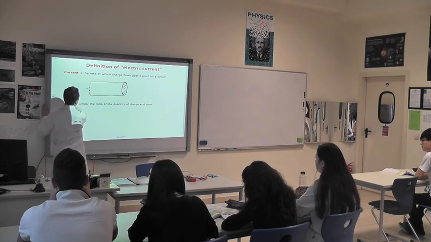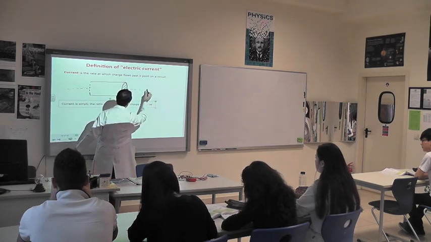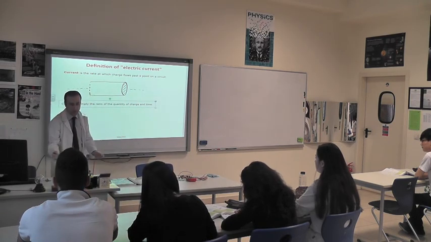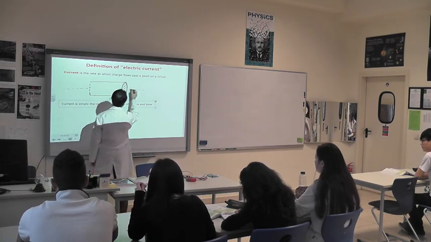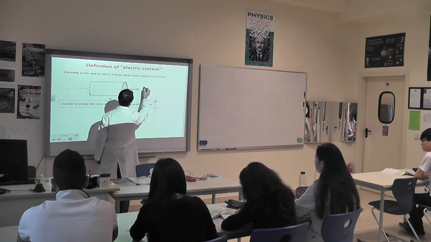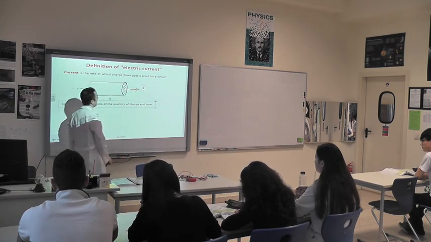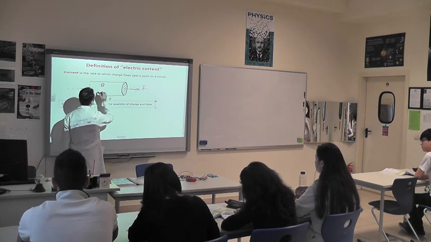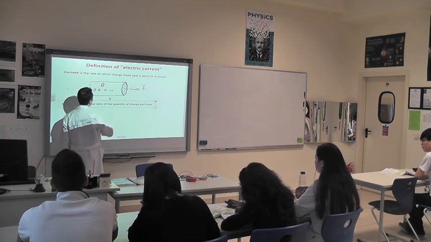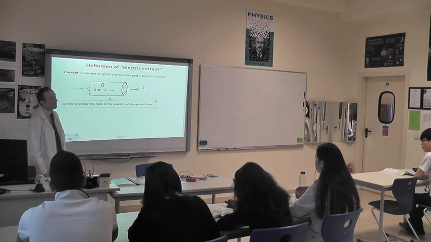Actually, this is connected to the outer circuit. It has other parts connected to a battery, for example. Some current flows through the conductor because there is a charge, Q, that's flowing through the conductor.